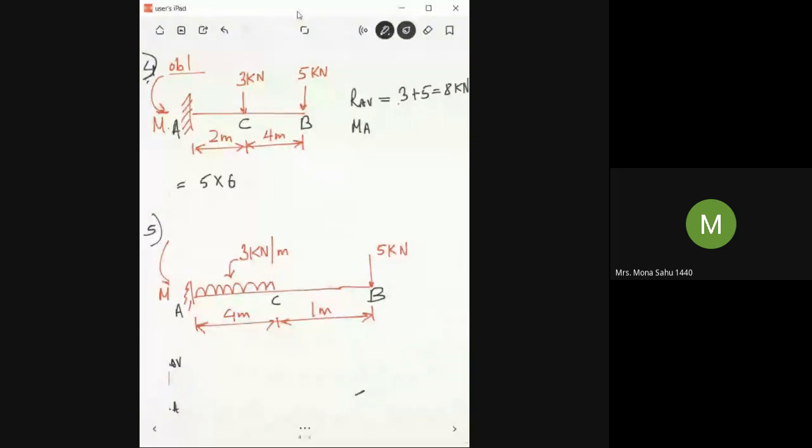Okay. Plus 3 multiplied by 2. Are you getting it? Yeah. kilonewton meter, and that is kilonewton.